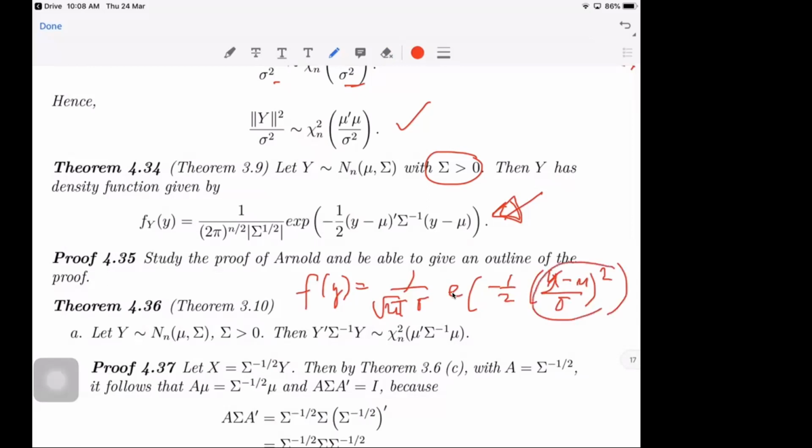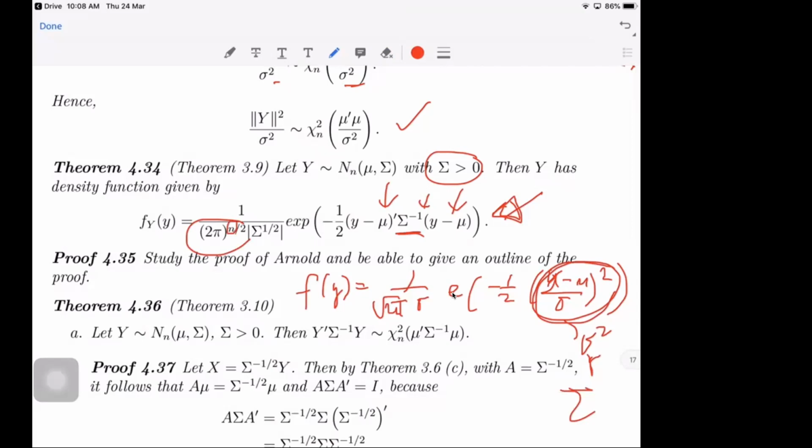So the part y minus mu squared becomes y minus mu prime y minus mu. And then sigma squared in the denominator will be sigma raised to the negative 1/2. Our notation for sigma squared in the matrix is sigma. And this is the square root of 2 pi raised to n over 2 because of IID.